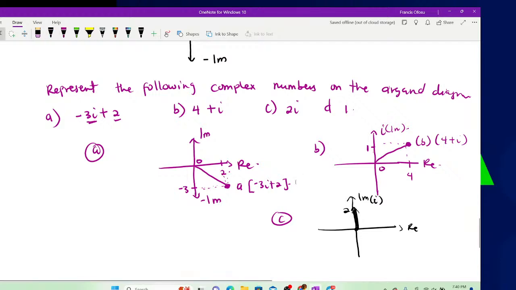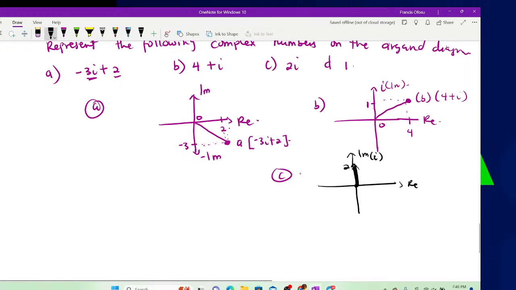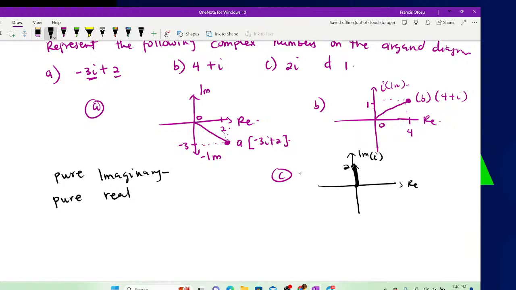So that's how we see purely imaginary numbers. Take note, a complex number which has only imaginary parts present is called a pure imaginary complex number. Then you have a pure real complex number. That means that the pure imaginary has no real part, and the pure real has no imaginary part.